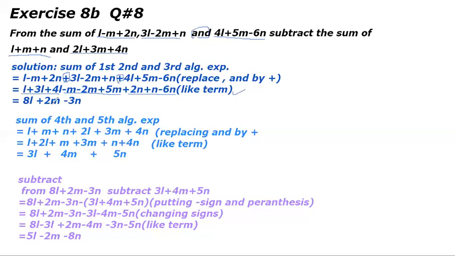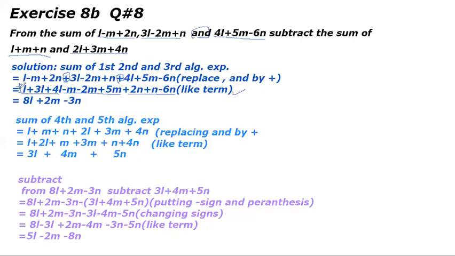Now the last step is very important because in this we have to do some additions. L is a variable and it doesn't have any sign and it doesn't have any coefficient. Coefficient means number. L doesn't have any sign, it means that it has a positive sign. And it doesn't have any coefficient, it means its coefficient is 1.